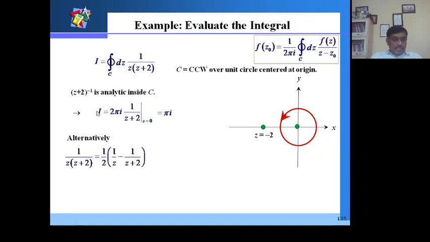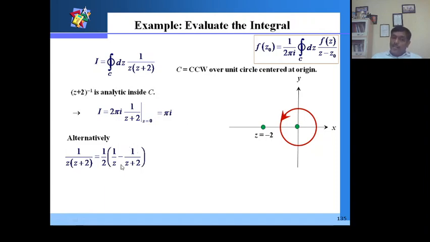Alternatively, because only one point is outside, we chose f of z as an analytic function, because 1 by z plus 2, where z plus 2 is a polynomial function, is analytic everywhere. Otherwise, we can use partial fractions, written as a by z plus b by z plus 2.